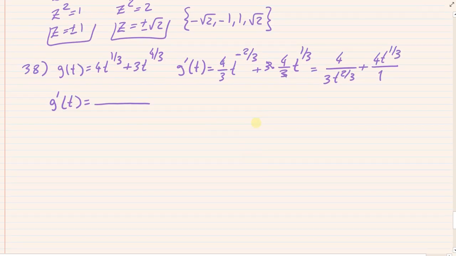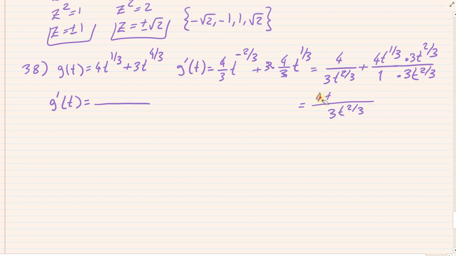Now we need to combine these fractions. We do need to simplify the derivatives from now on because of what we're about to do. The LCD here is 3t to 2/3, right? So I'm going to multiply the second expression by 3t to 2/3, top and bottom, so I can get the LCD.